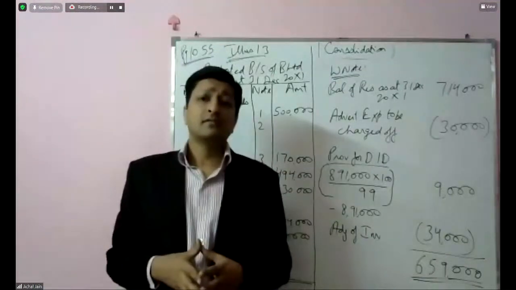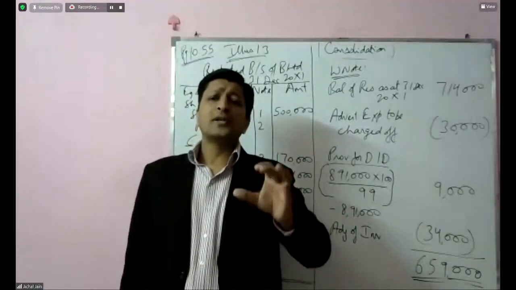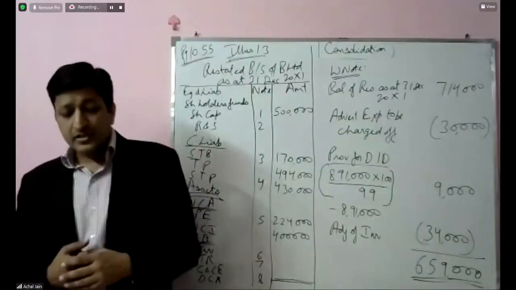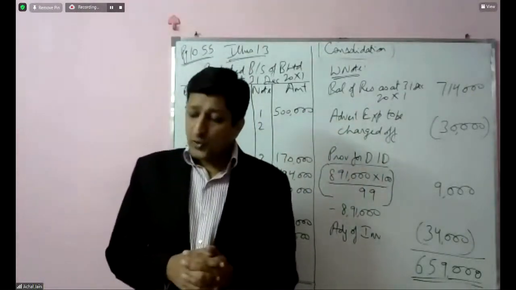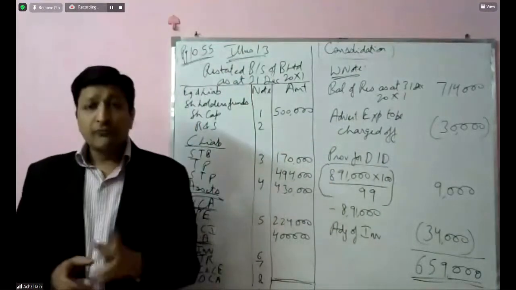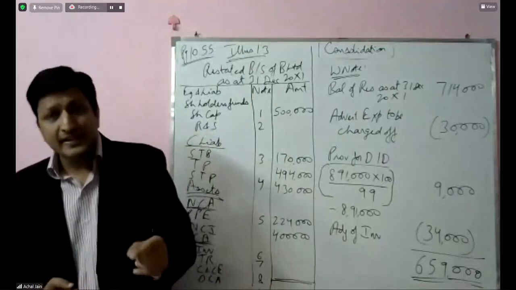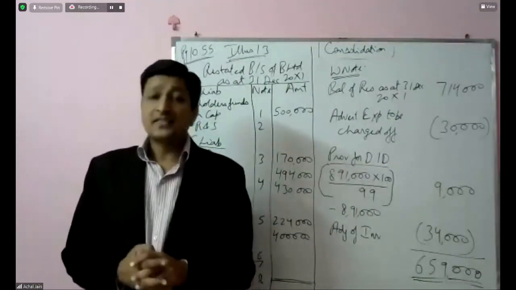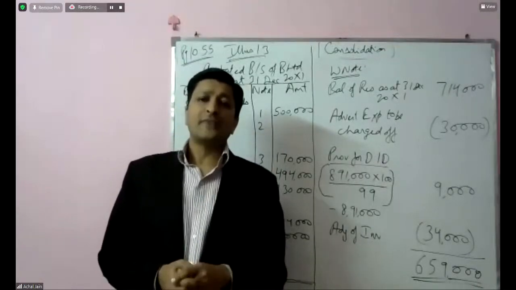Now, what is the objective? To align the accounting policy of B with A. Then the question says, to bring the values of B in line with A, the value of inventory of B needs to be reduced by 34,000 at the end of X1.